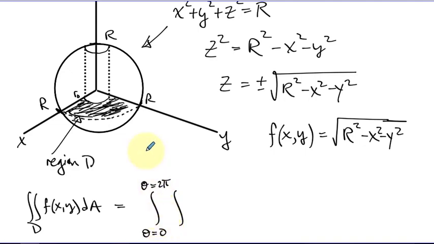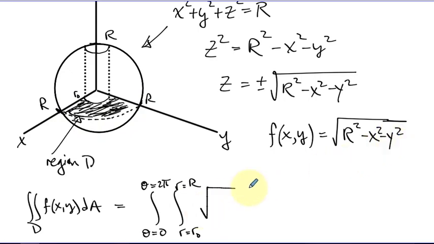For each of those fixed angles, we integrate from one R value to another with that fixed theta. So this will be from R equals R0 to R equals big R, the outer boundary of the region D.